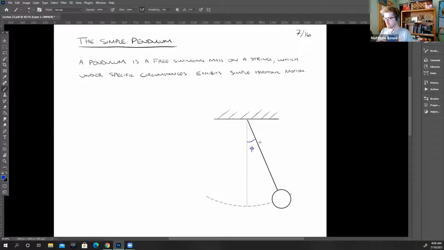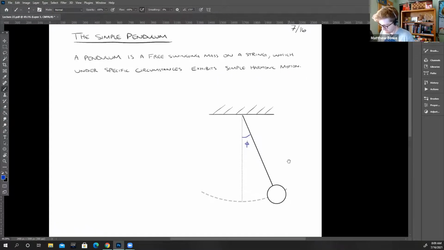And we want the swing itself to be fairly small back and forth. If we have this perfect system, it will exhibit some simple harmonic motion.